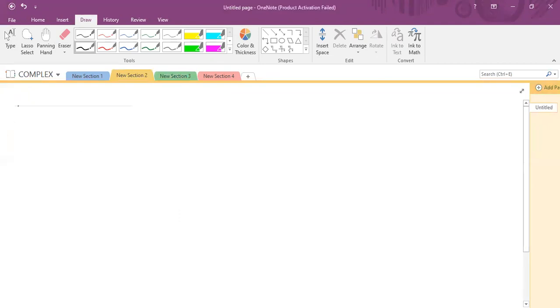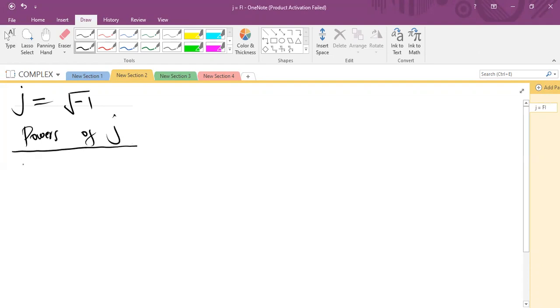Now, how exactly do we go about getting the powers of j? Since we've already established that j is equal to the square root of minus 1, if we were to get j squared, then this is obviously j times j. So this is equal to the root of minus 1 multiplied with the root of minus 1, and this obviously gives us minus 1.